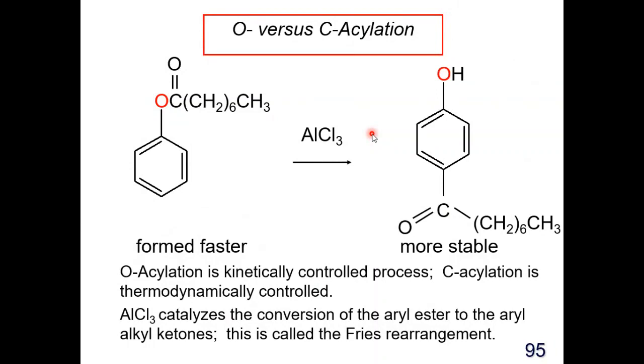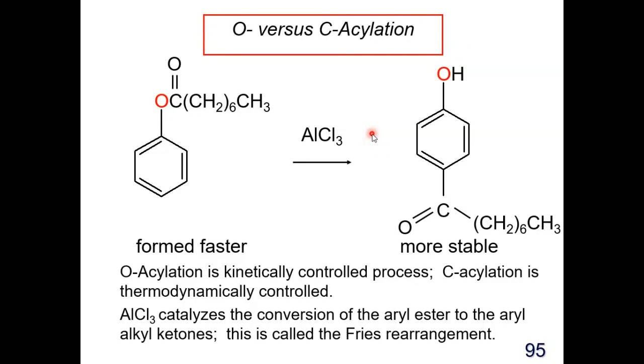A powerful catalyst can dramatically speed up a reaction. So adding a catalyst can help bring the system into thermodynamic equilibrium. And what happens when the system is brought to thermodynamic equilibrium means the more stable product will form as the major one.